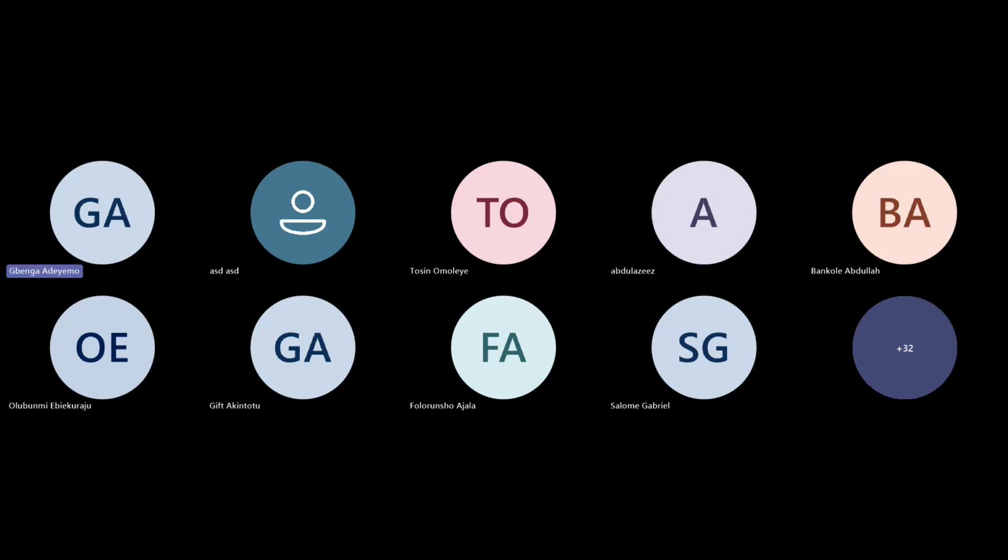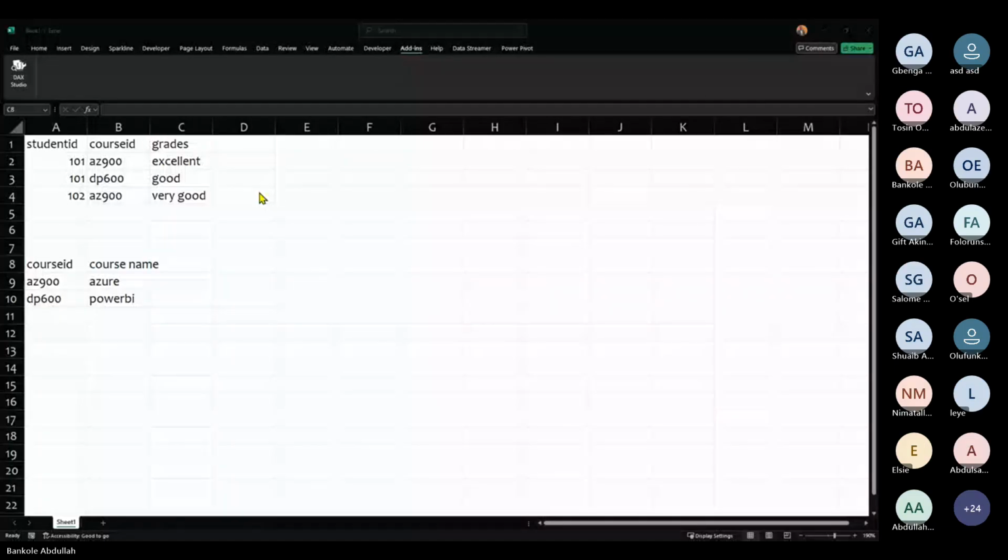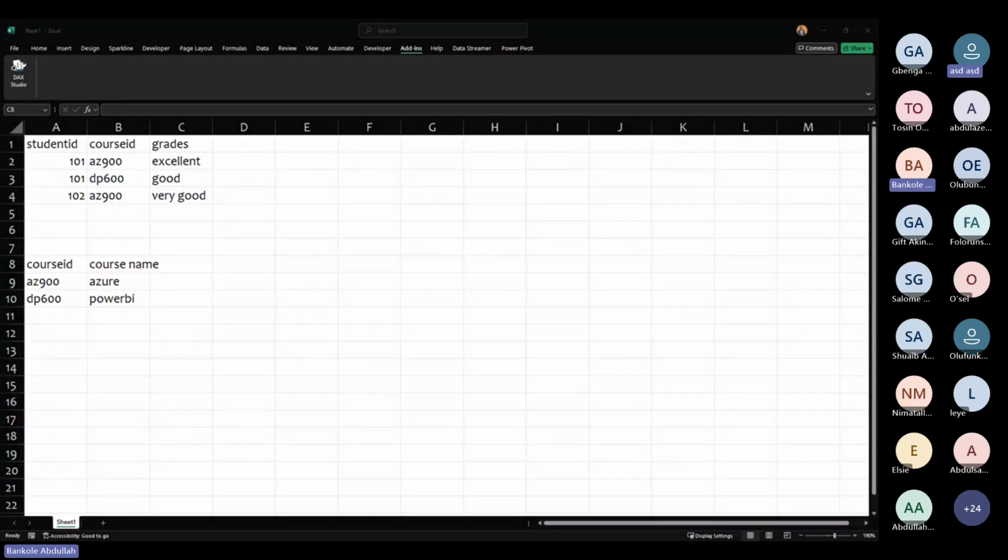All right, Mr. Macaulay, share your screen and explain your thought process. Can everybody see my screen? Yes. Where's the main table? Okay, create that table again.